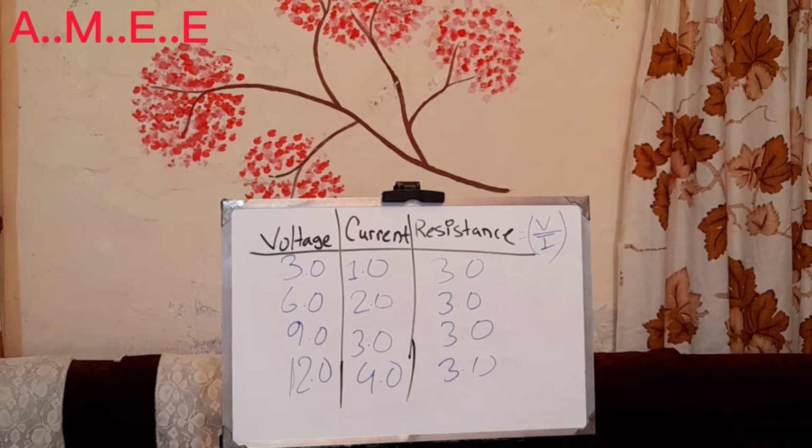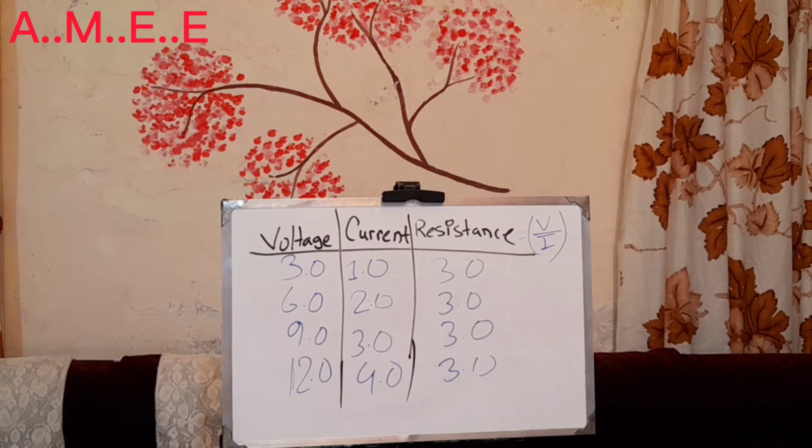R equals V by I. So if we calculate, 3 by 1 gives us 3, 6 by 2 gives us 3, 9 divided by 3 gives us 3, and finally 12 divided by 4 gives us 3. As we are seeing, for different voltages and different currents, the resistance is the same.